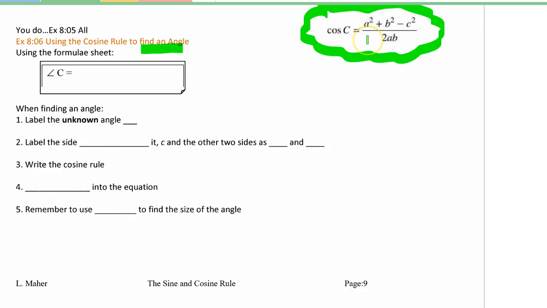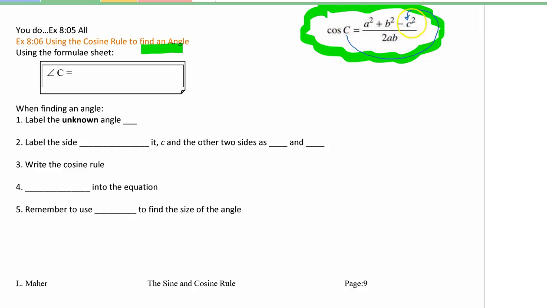It is really important that you realise the positions of each one of the sides, in that the angle that you're finding and the side length opposite it must sit there. It's the only thing that is subtracted, and you must make sure you get that in the right spot.